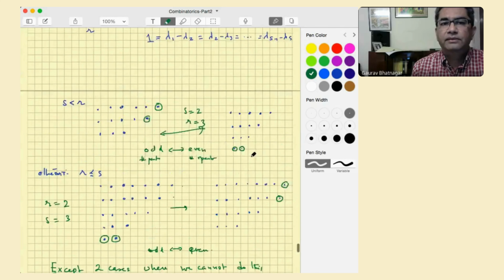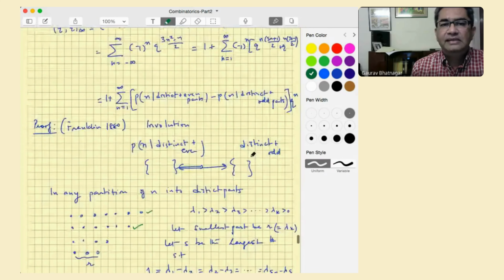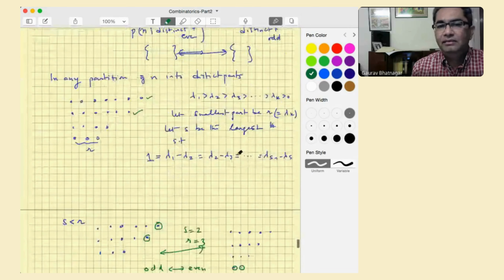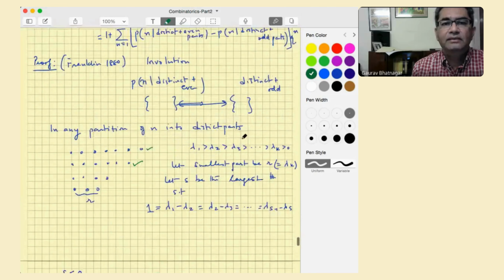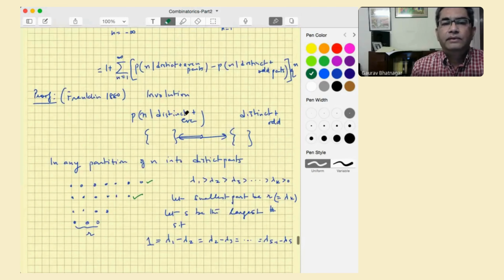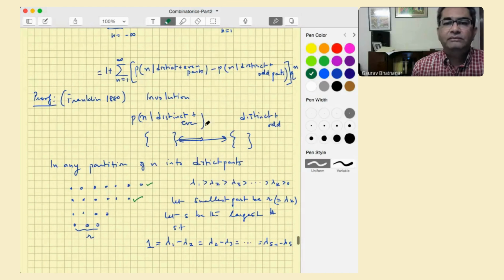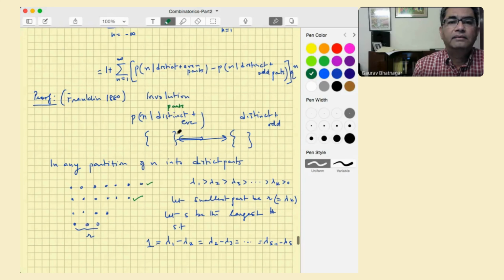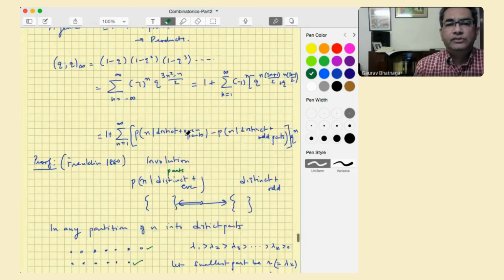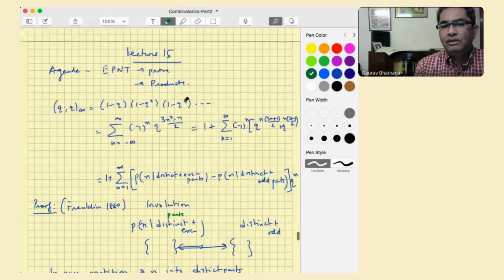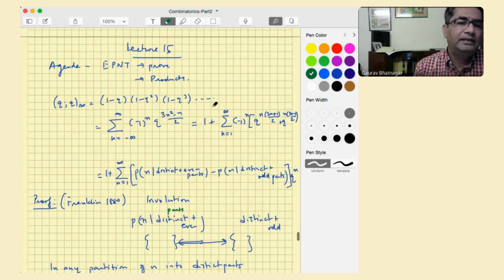The parts themselves are distinct, and it is the number of parts that is odd or even.